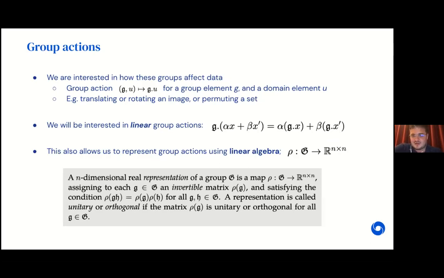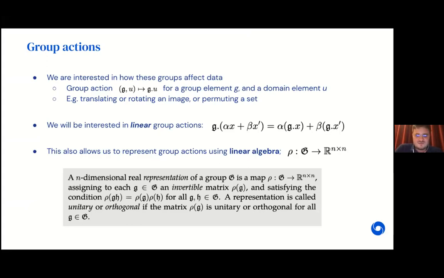In particular, we will be interested in group actions that are linear. That is, if I apply a group action on a linear combination of featurizations of my domain, x and x prime, I get exactly the same effect as if I first perform separately the group action on the 2 featurizations, x and x prime, and then linearly combine the result in the same way.